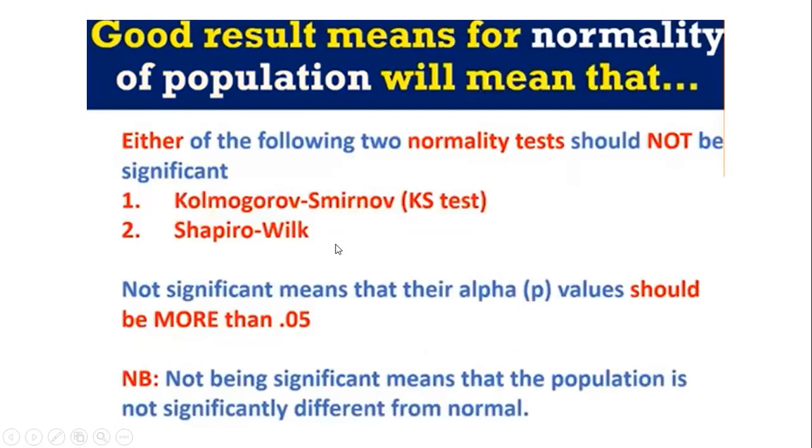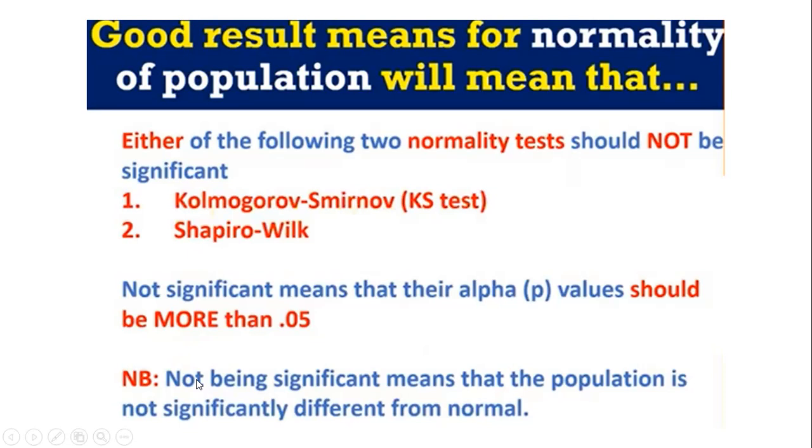When you are doing the normality test, there are 2 tests that you have to get, and they should not be significant. Not being significant means the value is above 0.05. If anything is significant, it will be at or below 0.05.